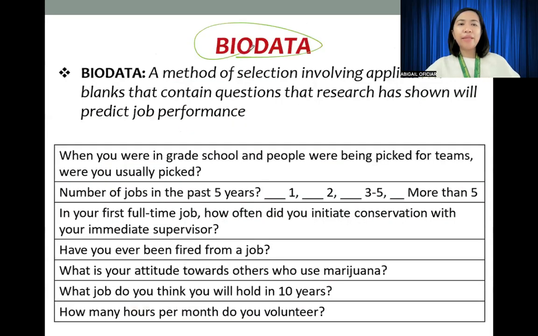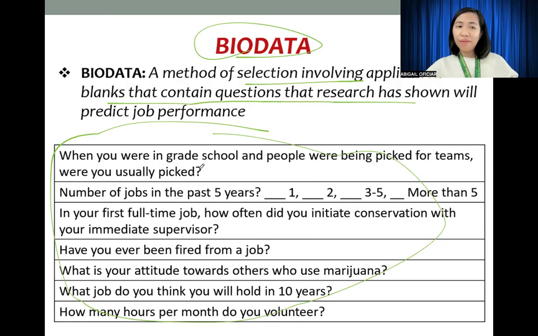Next is biodata. What's biodata? It is a method of selection involving application blanks that contain questions that research has shown will predict job performance. Ano yung mga question na yun that predict job performance na dapat natin i-include sa biodata? Ito yung mga yun. Okay? So when you were in grade school and people were being picked for teams, where did you usually get picked?